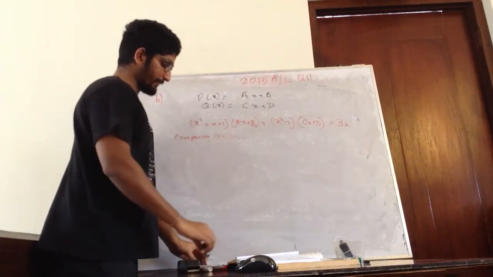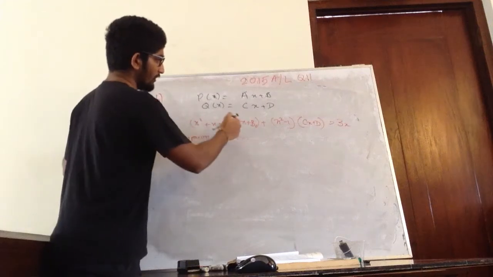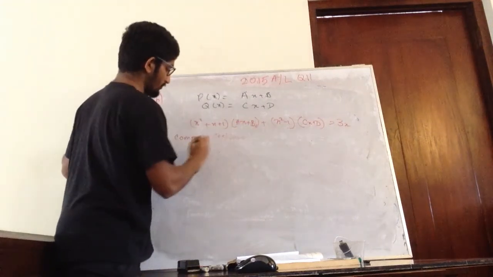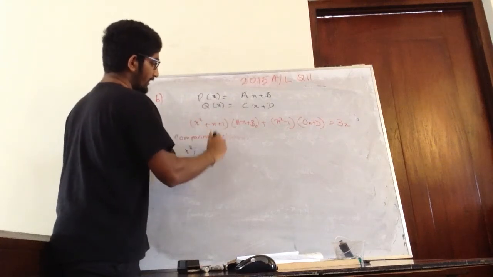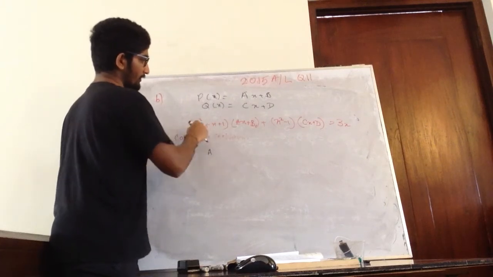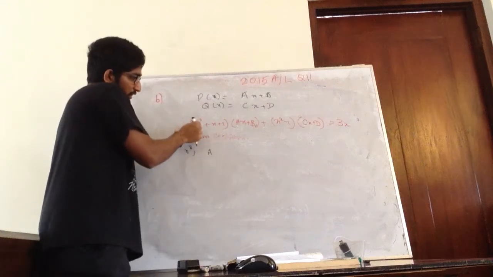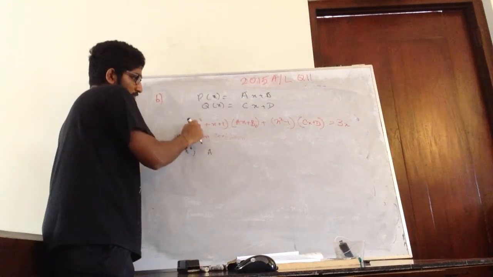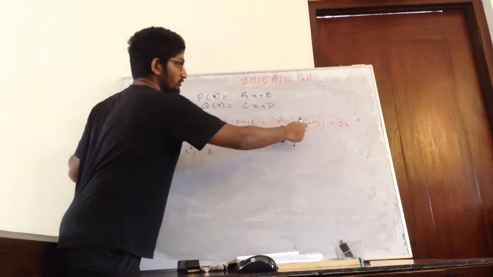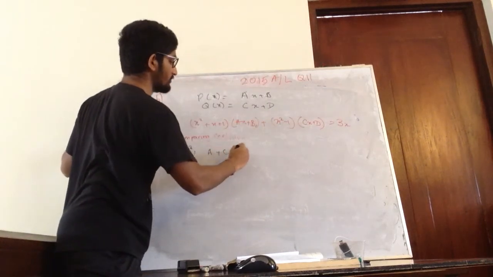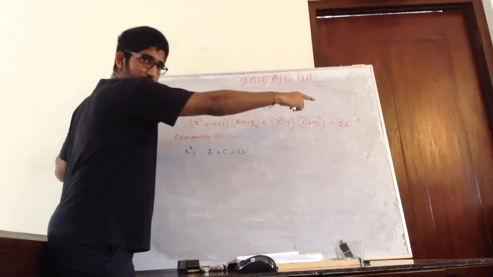If I compare, there is an x cubed here, so we compare the x cubed. x cubed can come only from multiplying these two, so that's going to be A here, plus C here, and that is 0 because there is no x cubed there.